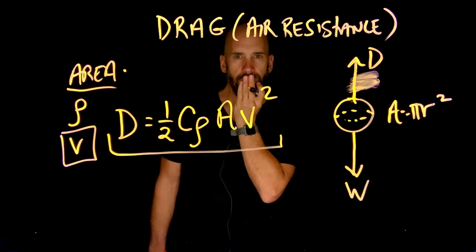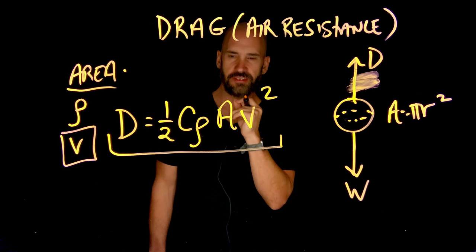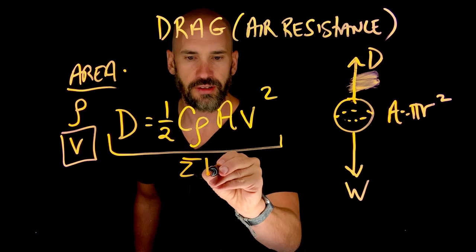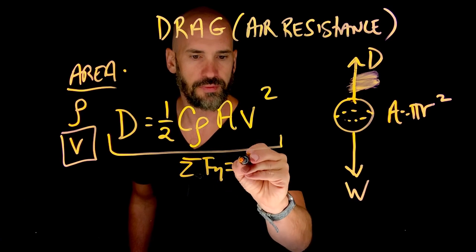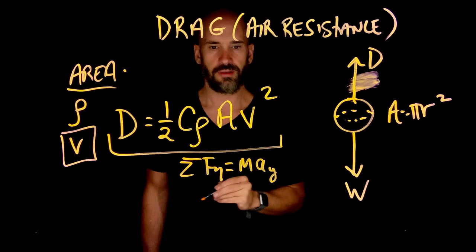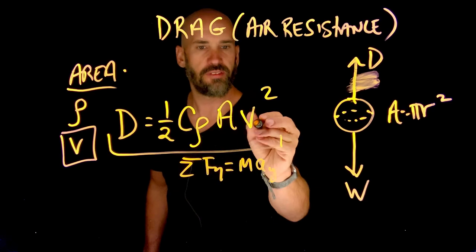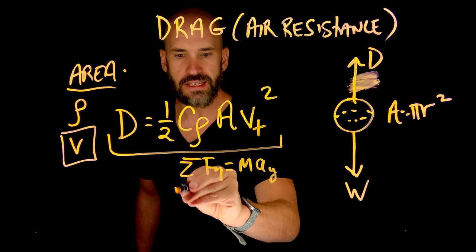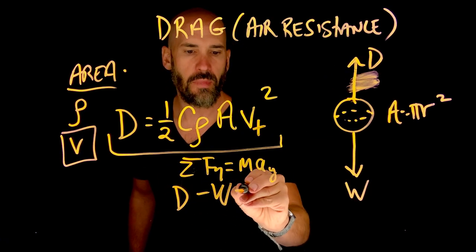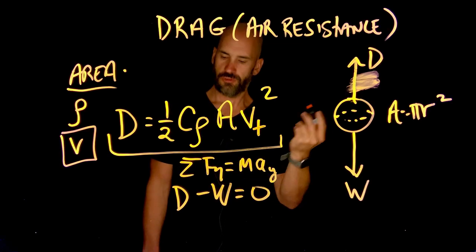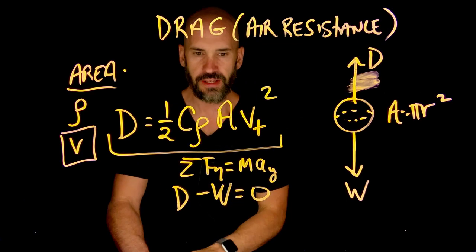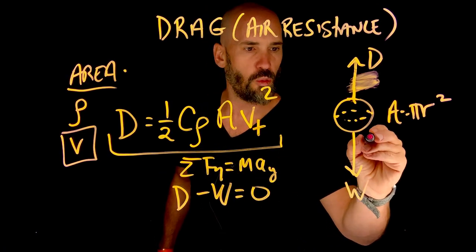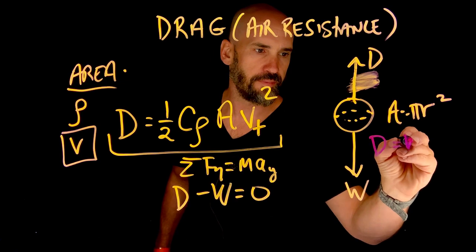Well, let's use our physics. Let's use our Newton's second law analysis. If we do the summation of forces in the y direction equals m a_y, here's what we know: at terminal velocity, at v_T, D minus W must equal 0. So that means that at terminal velocity, D equals the weight.